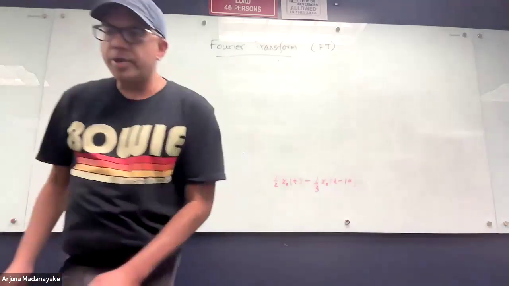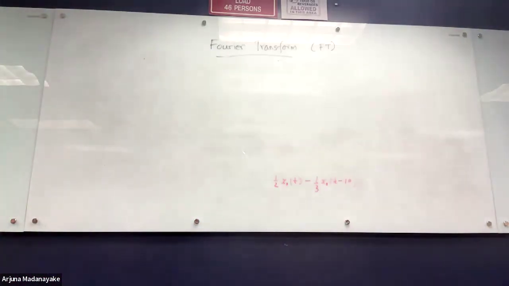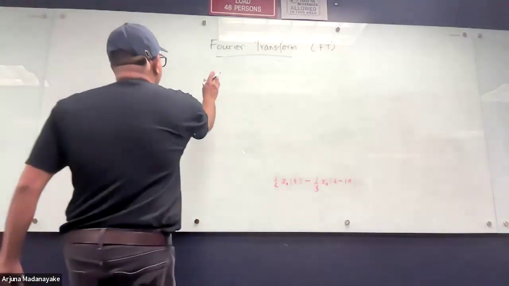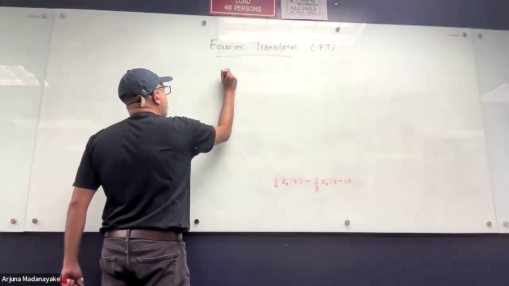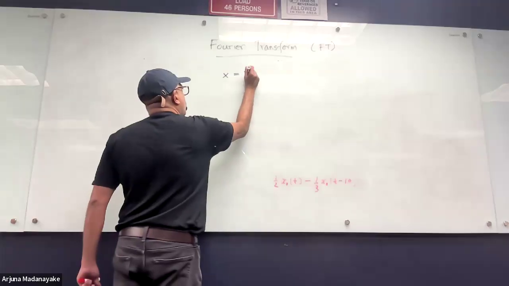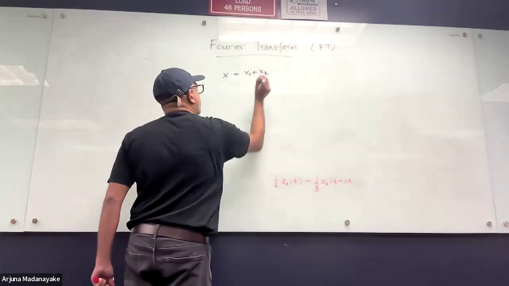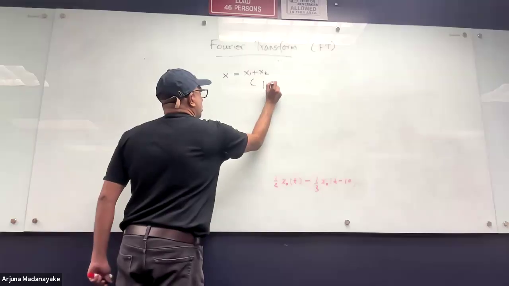All right, so let's see how we can use the Fourier transform properties to solve this quickly. Let's say we have a function x equal to x1 plus x2. This is simply linear addition.